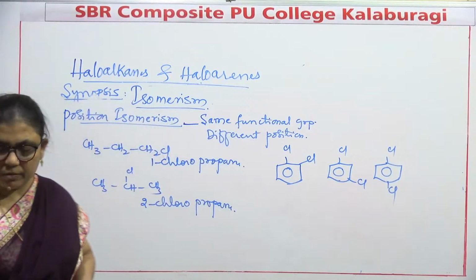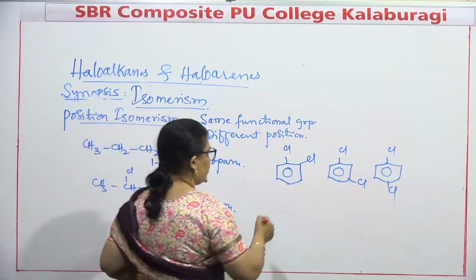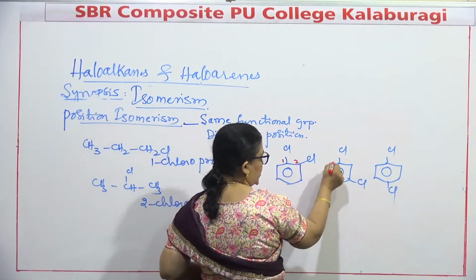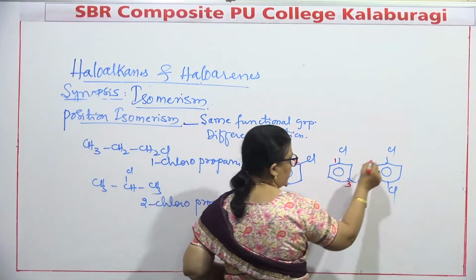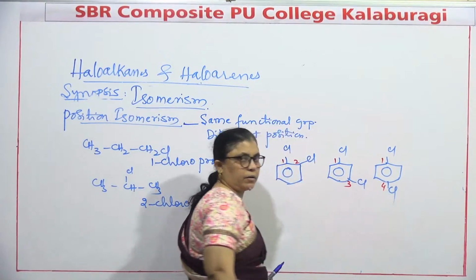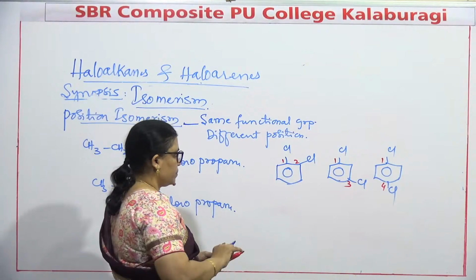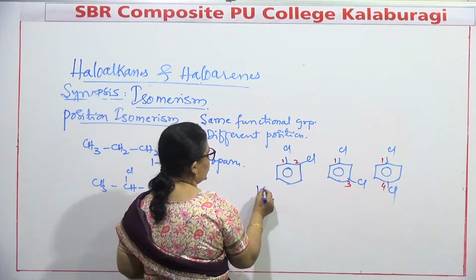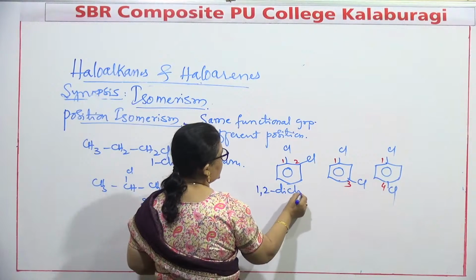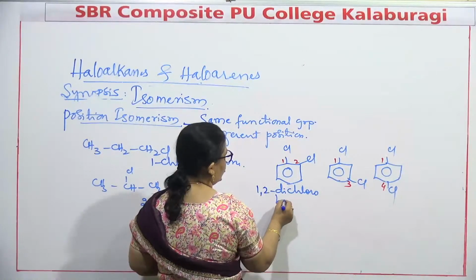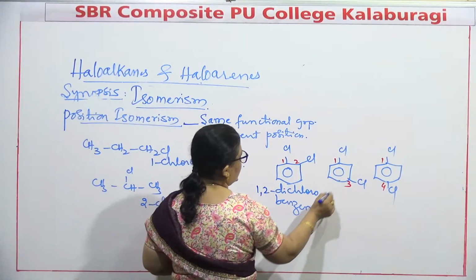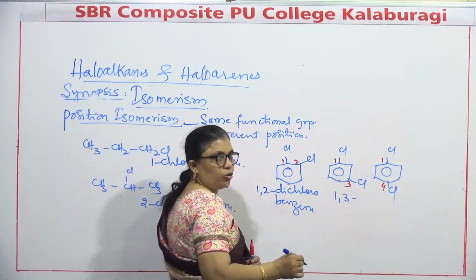First carbon atom, second carbon atom. First and second carbon atom. First and third carbon atom. First and fourth carbon atom. 1,2 dichlorobenzene. This will be 1,3 dichlorobenzene.